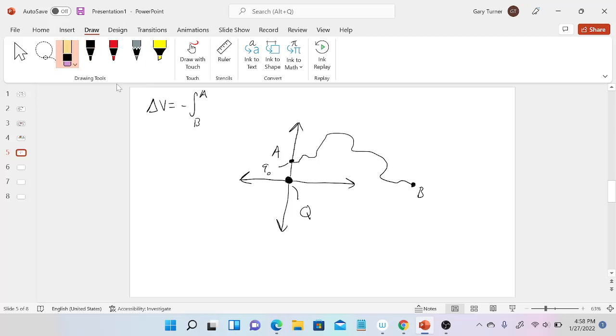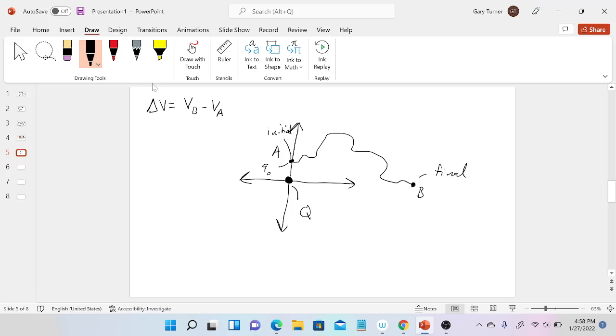And if that's the case, then it'll make a little bit more sense if we write it this way. The change in potential is going to be VB minus VA, right? If this is your initial position and this is your final position.